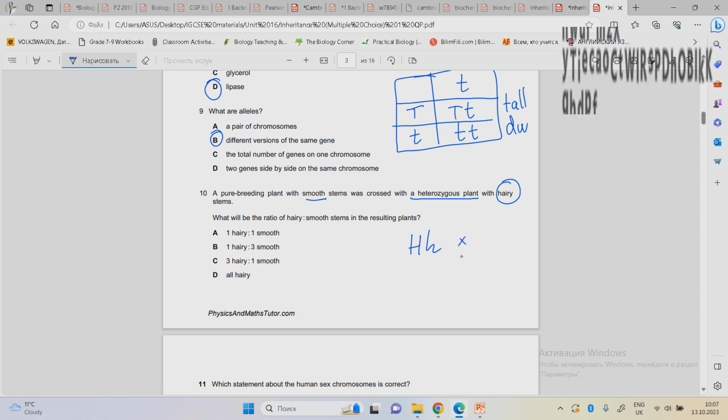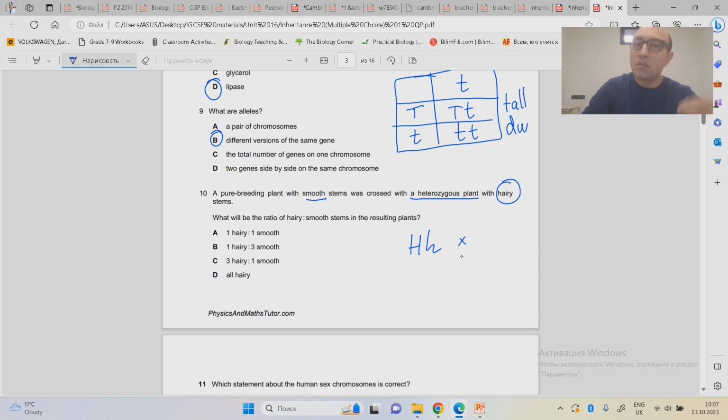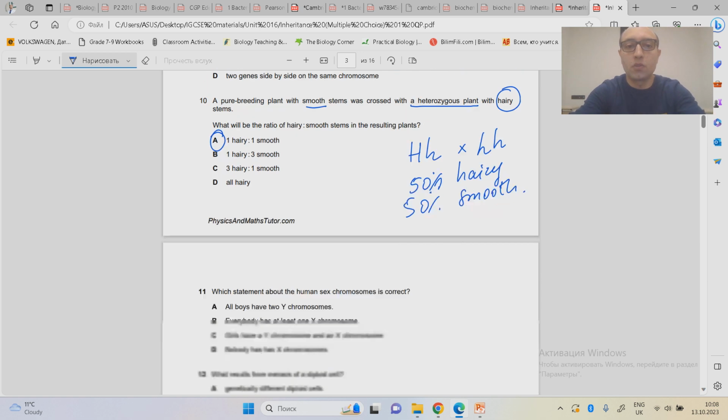So it is crossed with pure breeding smooth stem, which will be written as small h. And if you cross them, as we saw from the previous example, 50% of the offspring will be hairy, another 50% will be smooth. So the answer in here is A, one hairy, one smooth.